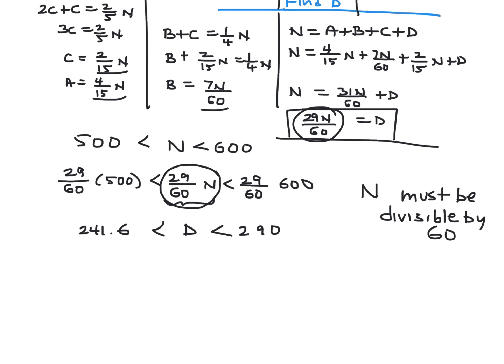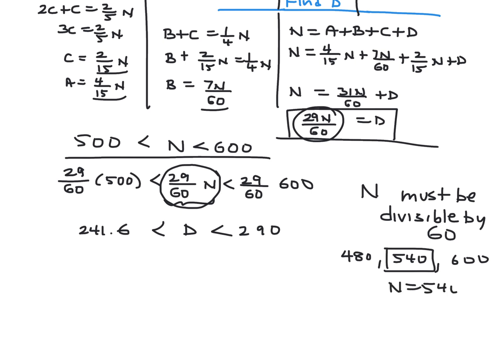And since N is between 500 and 600, the multiples of 60, well, 60, 120, and so on, right? So 480, and then 540, and then 600. So the only multiple of 60 in that range would be 540. So N is 540.